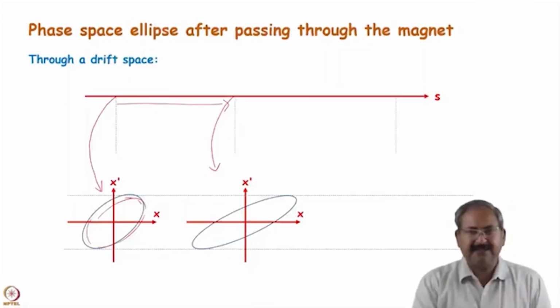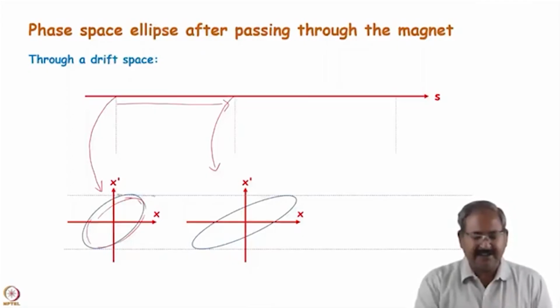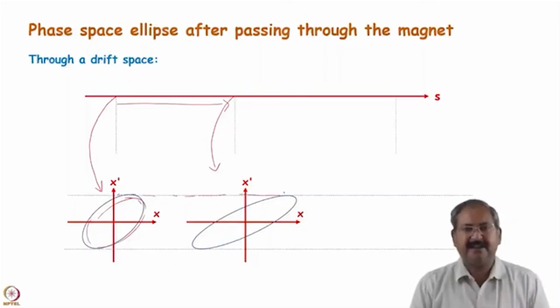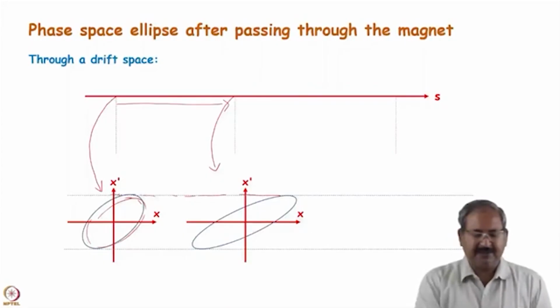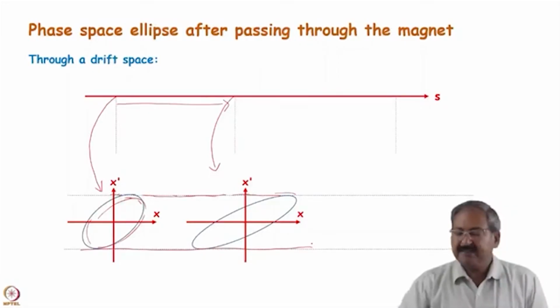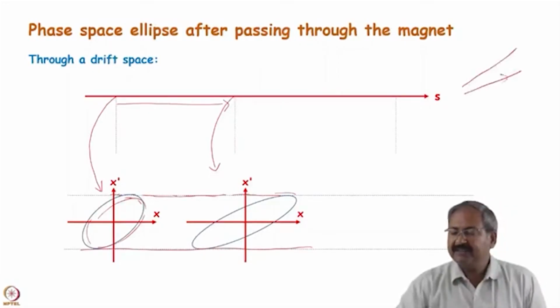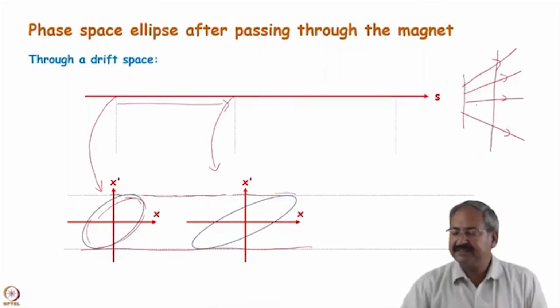Because this is a drift space, the maximum angle will not change, because the particle trajectory angles will remain constant as there is no force. Angle can be changed only if we apply a force. So particles will go straight in the direction they already have. So x prime will remain constant. But as particles are going like this, after a certain distance the maximum amplitude may increase.